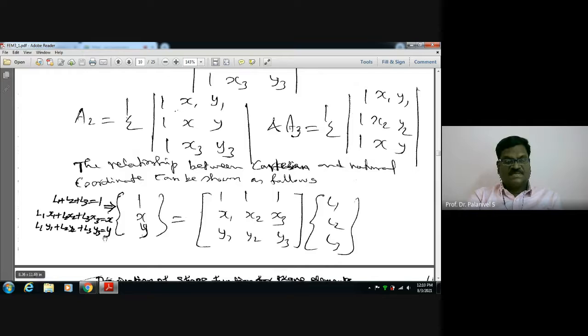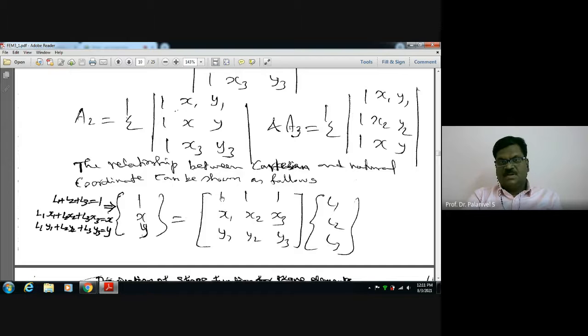These are the properties we know, because L1 into x1 plus L2 into x2 plus L3 into x3 will give you the x value. Likewise, this is written as [1, x, y] equal to the matrix [1 1 1; x1 x2 x3; y1 y2 y3] times [L1, L2, L3].